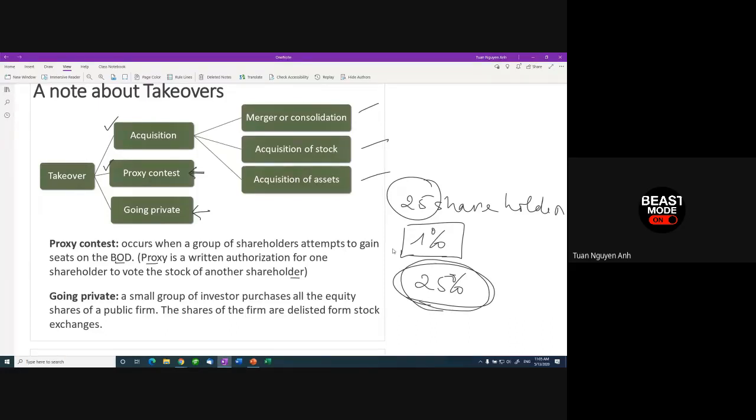For acquisition of stock, we use our new stock to exchange with the shareholders, or we use cash to buy the stock. In acquisition of assets, we use cash to buy the assets. Okay, so that's all for the merger and acquisition, and that is all for the subject.